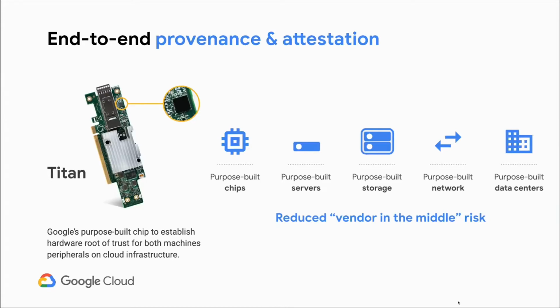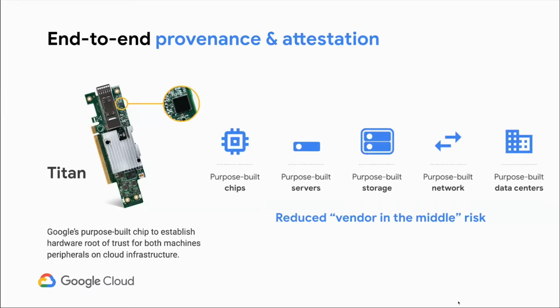We also build our own network hardware and software to improve performance as well as security. All this rolls up to our own custom data center designs, which include multiple layers of physical and logical protection.